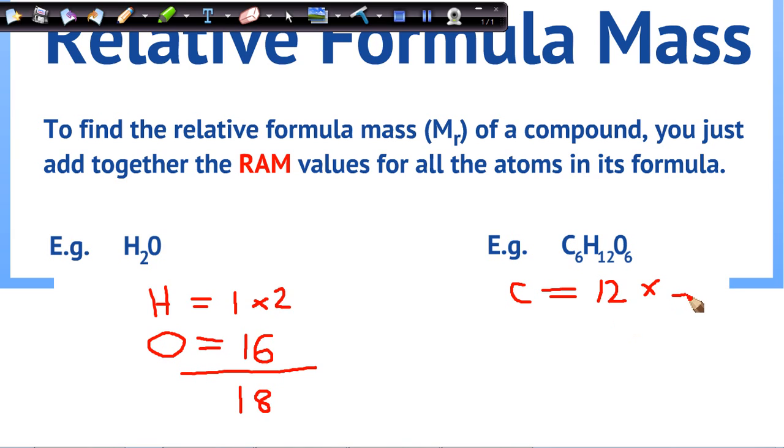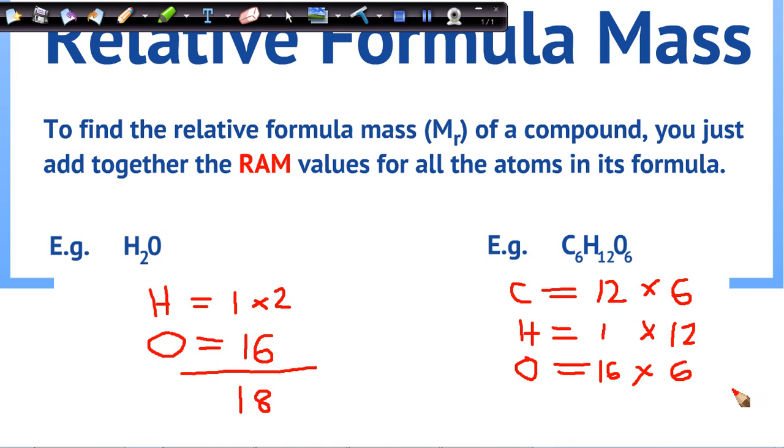And we've got 6 of those. Hydrogen has an atomic mass of 1, and we've got 12 of those. Oxygen has an atomic mass of 16, and we have 6 of those.